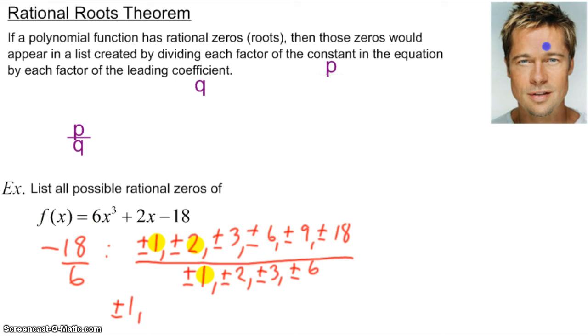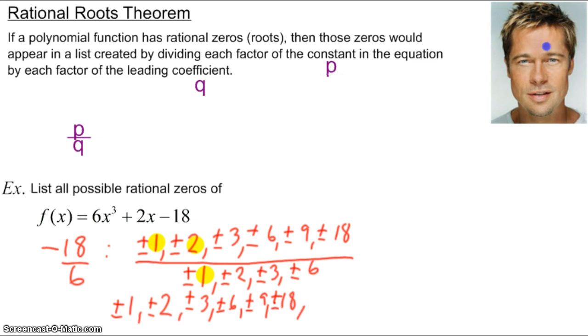That would give me positive and negative 2. As you can see, by dividing all these top factors by 1, I just get that top list again: positive, negative 1, positive, negative 2, positive, negative 3, positive, negative 6, positive, negative 9, and positive and negative 18.